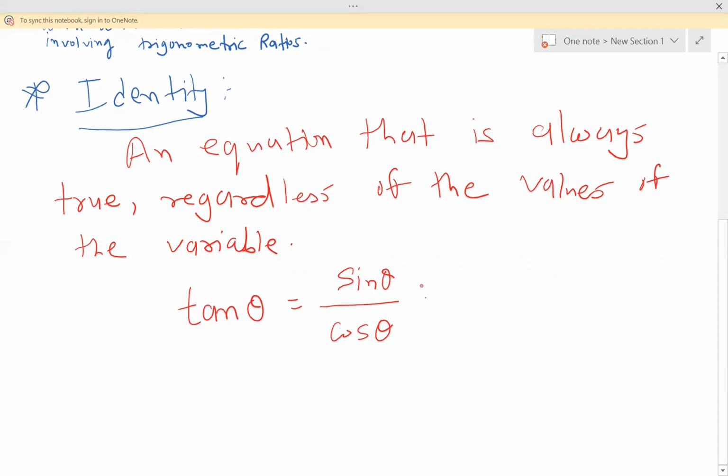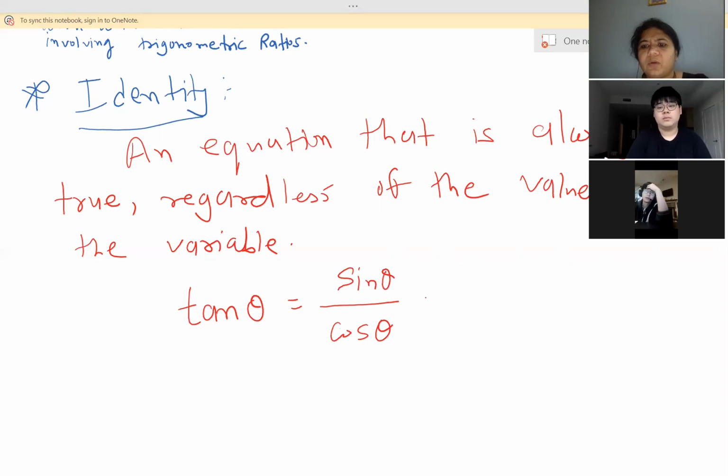This is a very good example of an identity. The equation holds for any value of theta. For any theta, you will get the same answer on both sides. Did you get it? Any question? Okay, all good?